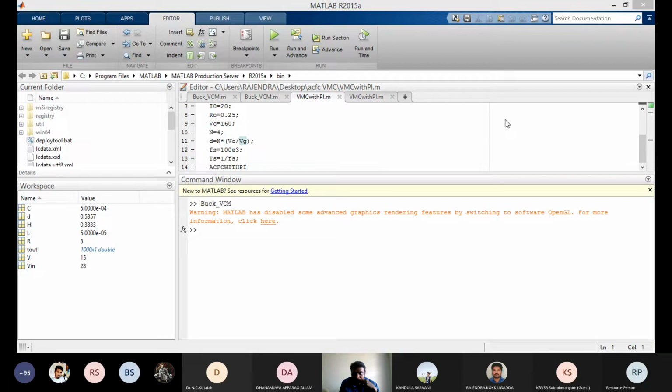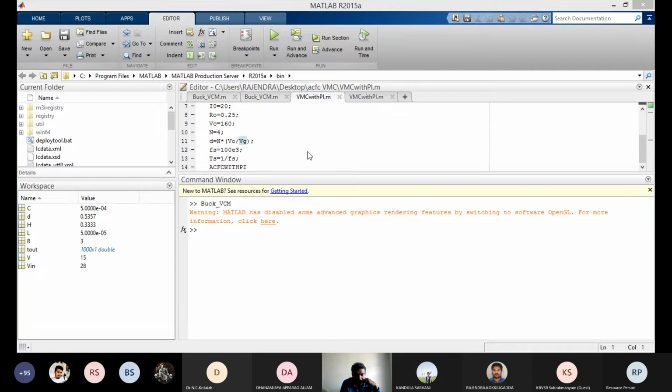I think my screen is visible for all. The ABCD matrices, whatever we determined from the state space model, the same we have written here. And this is the designed controller. First we derived the PI controller, and then we are adding the PD controller, combining these two to get the PID controller.